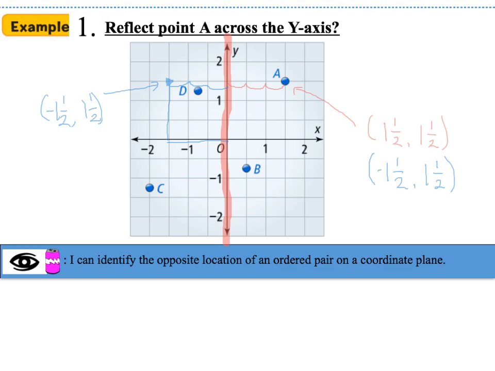Take note that we reflected across the y-axis. If you notice, the y ordered pairs stayed the same. The x ordered pairs became the opposite, because the opposite of 1 and 1/2 is -1 and 1/2.